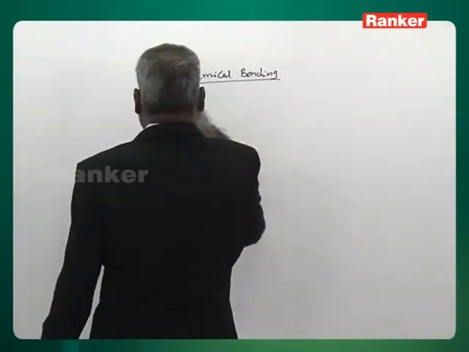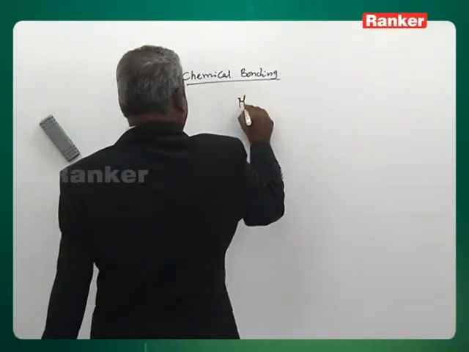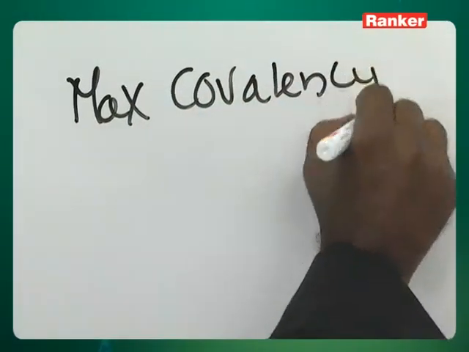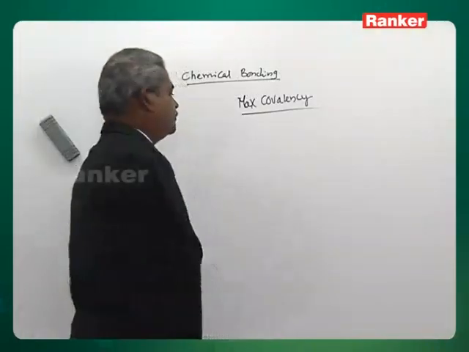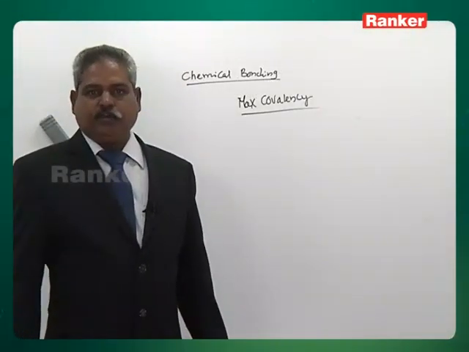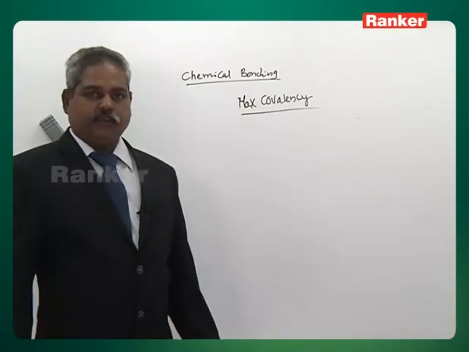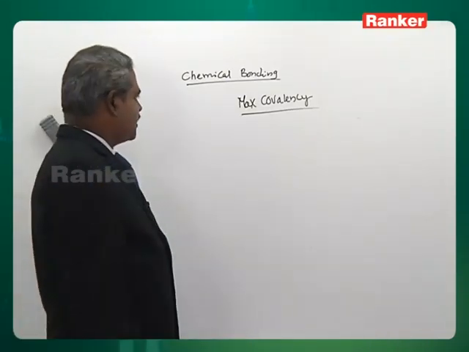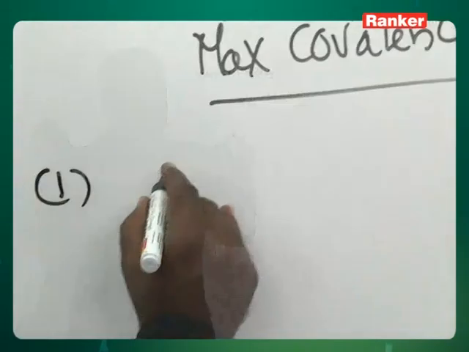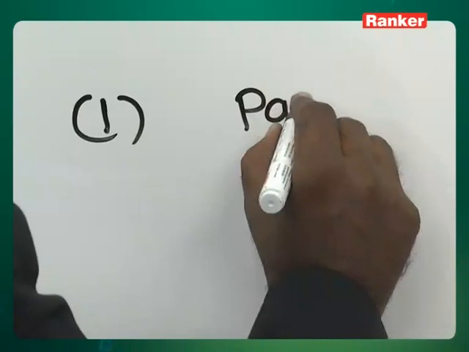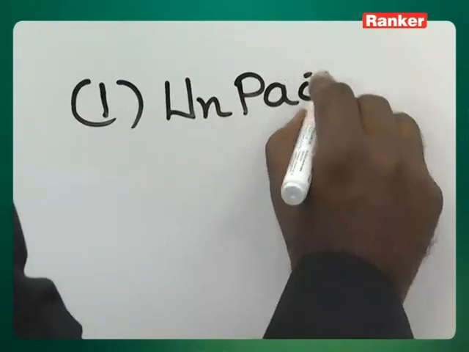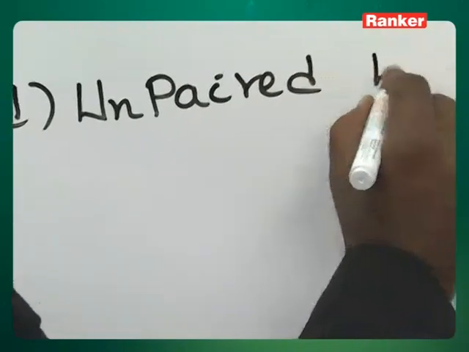So, how to find the maximum covalency? What is the maximum covalency of nitrogen? What is the maximum covalency of phosphorus? Whenever such a question arises, how to find that? First of all, unpaired electrons.